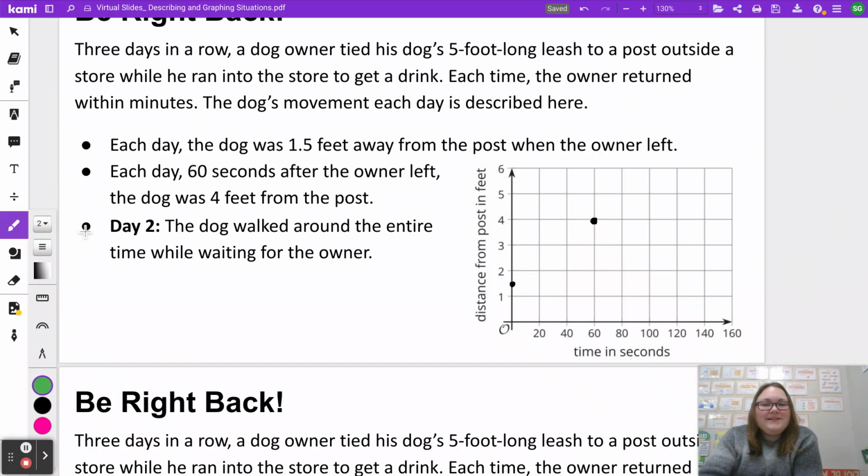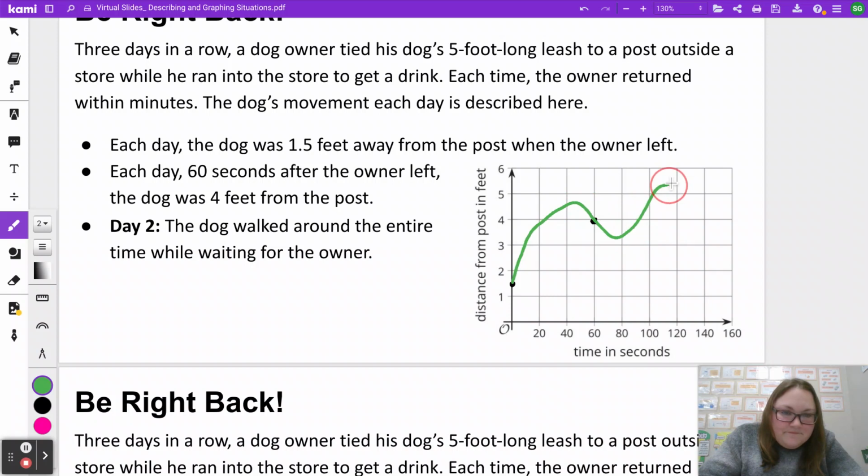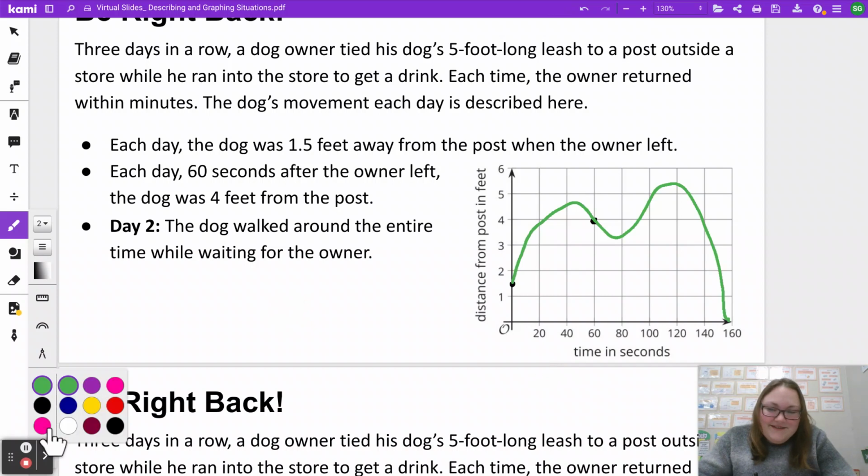I'm going to draw a couple and get some thoughts on how you feel about them. What about this one? Do you think that's a possibility? Is this a graph that shows the dog walking around the entire time? This graph does show the dog walking around the entire time, but there is a problem with it.